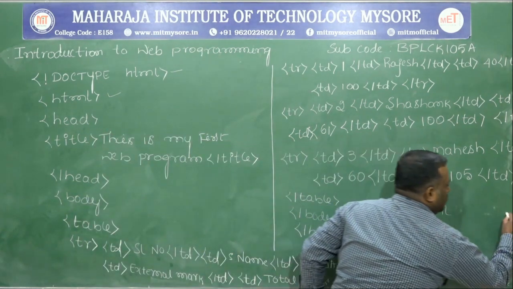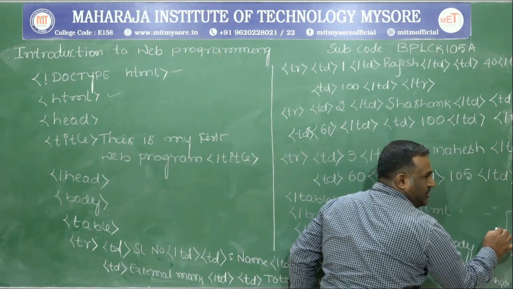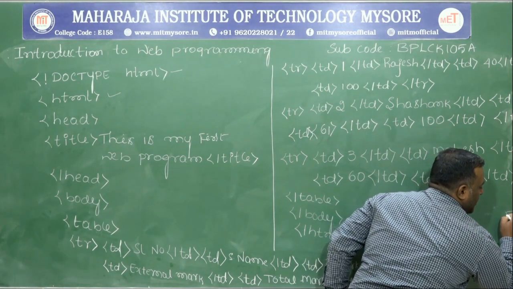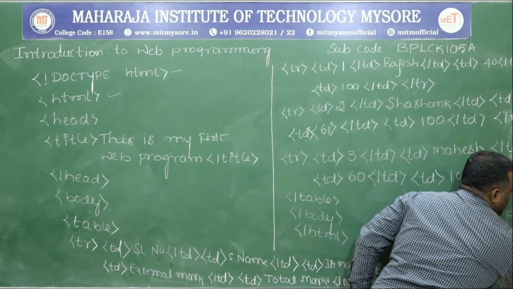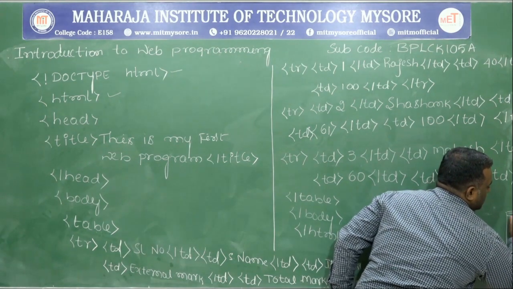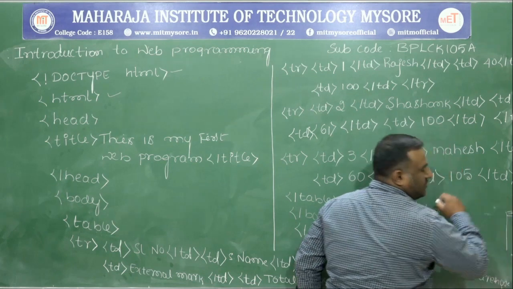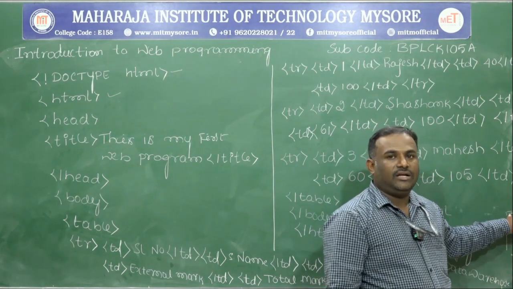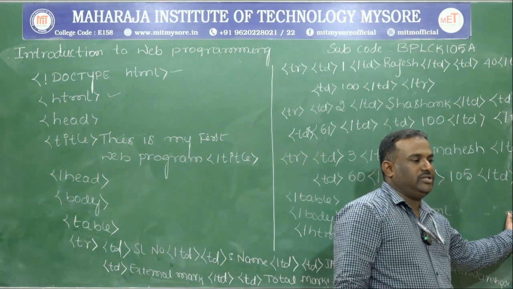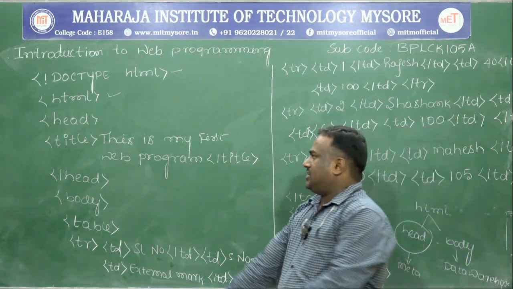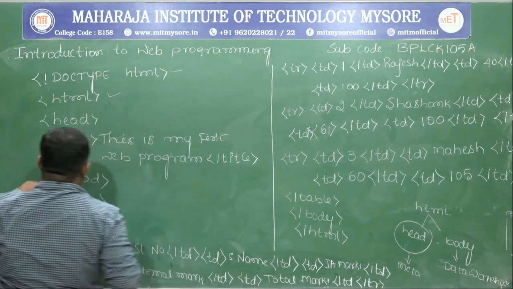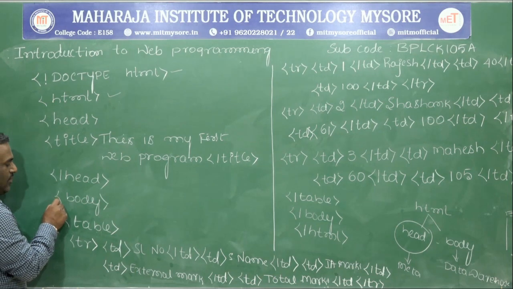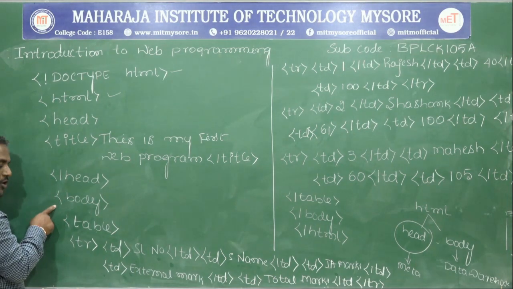This is the web browser, this is the web page. The text written inside the title will be displayed here only. Next, end of the head, and then the next part is the body part.